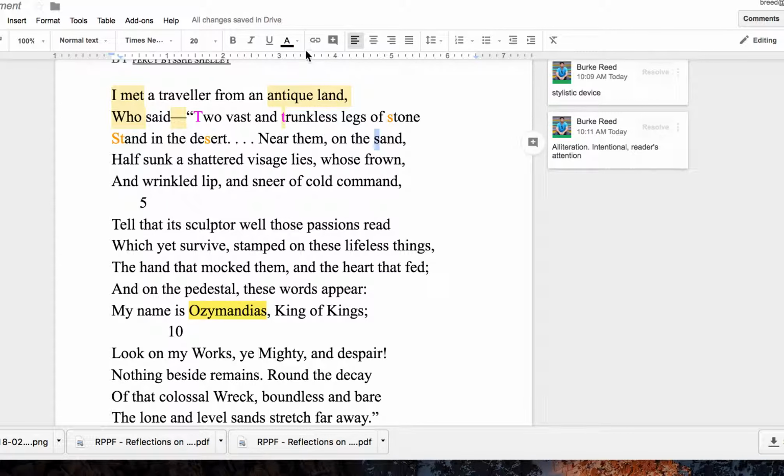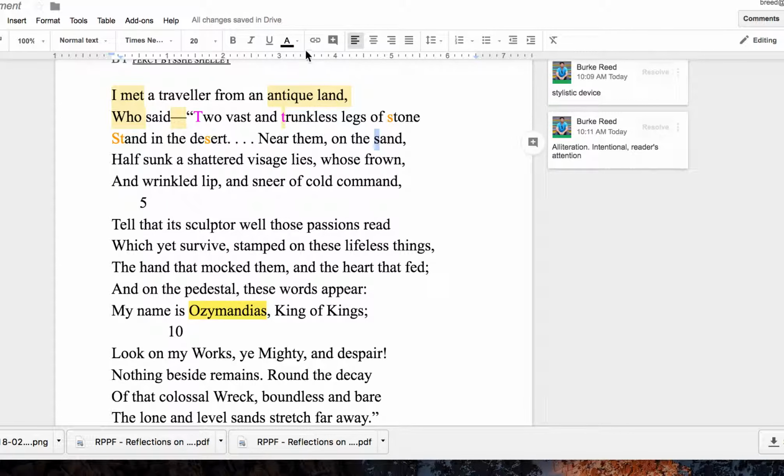And sibilance we associate with the snake sound. It makes an s, all right? And a snake is usually symbolic for evil. Now, I don't know if Ozymandias is technically evil, but we get a feel for the tone of this poem, that either something is going to happen that is going to be slightly doom-like, or maybe depressing, or maybe it's Ozymandias, maybe it's the character, maybe it's the statue that is supposed to be inherently bad.